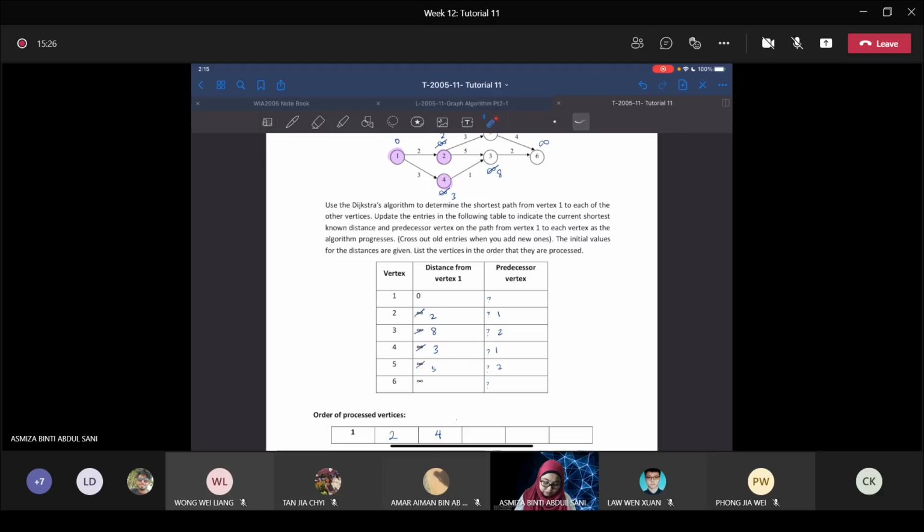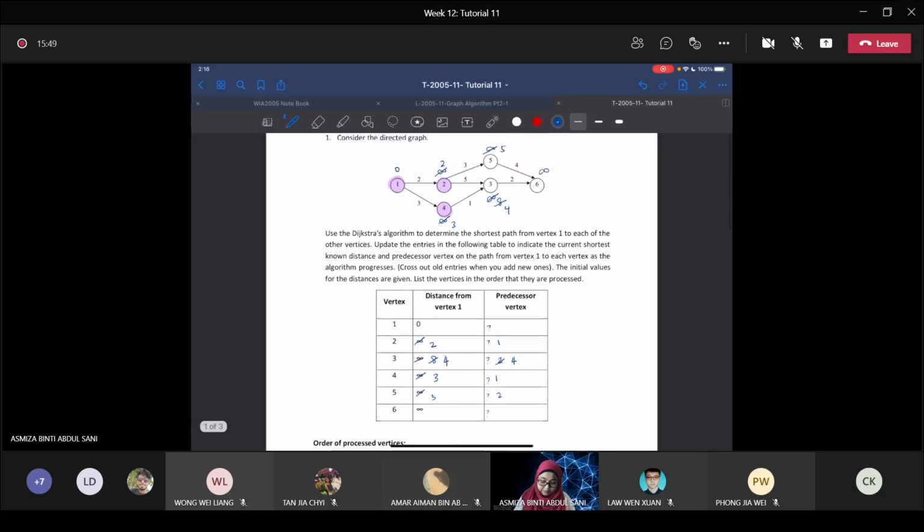So 3 plus 1 is 4, which is smaller than 8. We update node 3 to become 4, and we update its predecessor vertex to be 4.